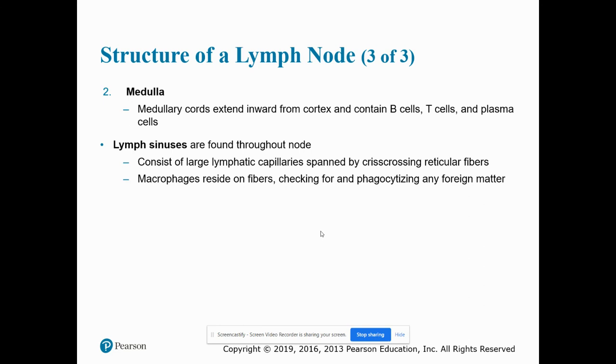The medulla has cords that extend inward from the cortex and contain B cells, T cells, and plasma cells. And then there's lymph sinuses found throughout the node. They consist of large lymphatic capillaries spanned by crisscrossing reticular fibers, and then macrophages reside on the fibers, checking for and phagocytizing any foreign material.